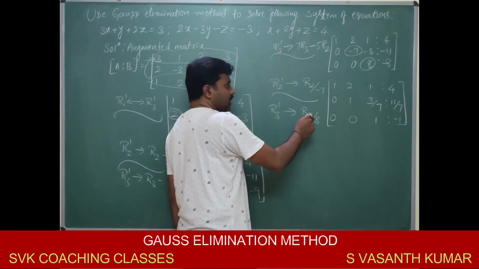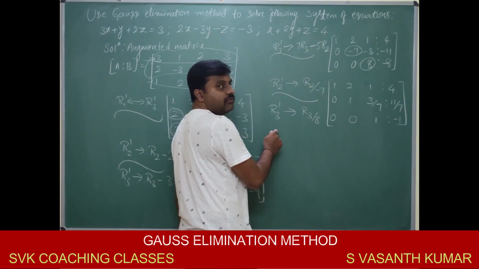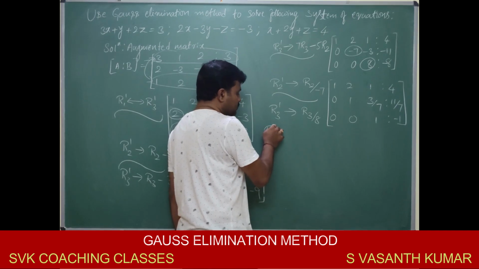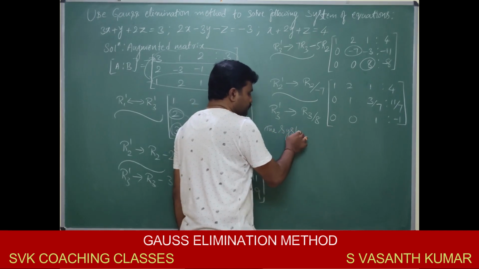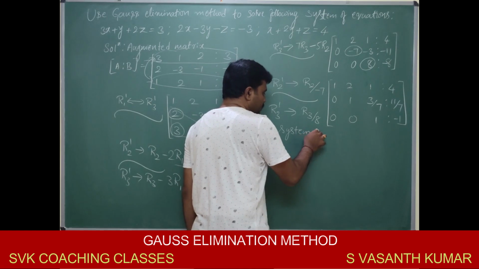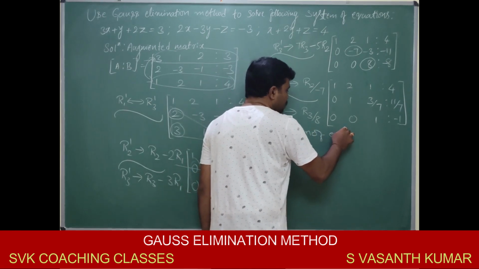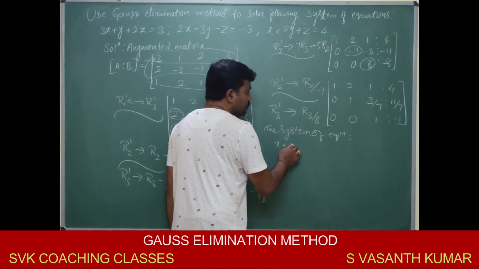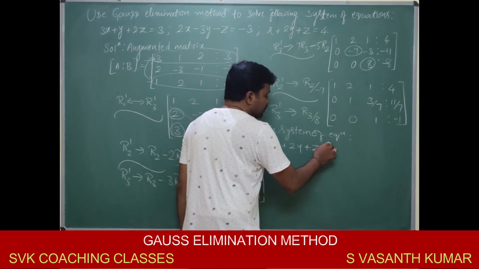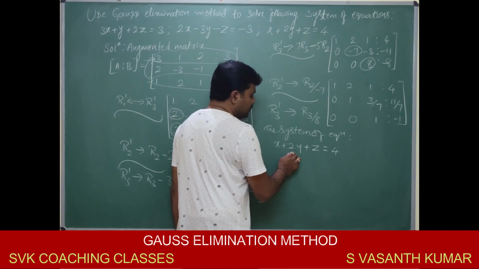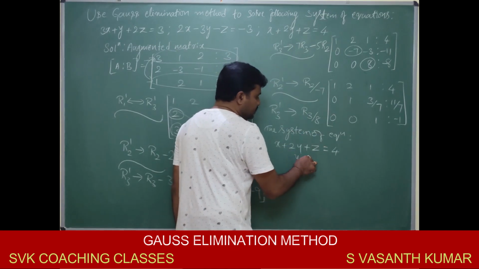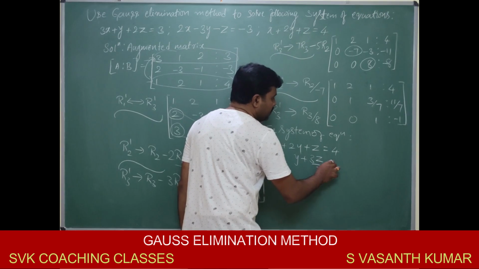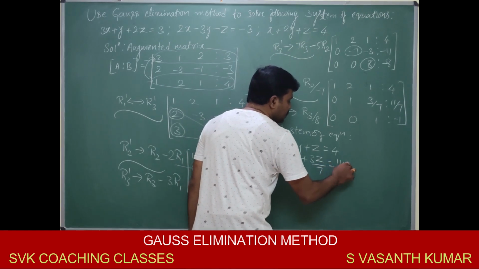Now the given augmented matrix can be converted to a system of equations. The system of equations is x plus 2y plus z equal to 4, and the second equation is y plus 3z by 7 equal to 11 by 7.